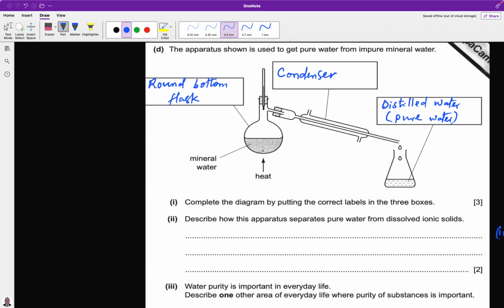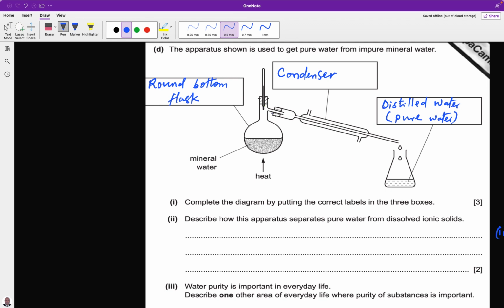When the mineral water is being heated, liquid water will be converted to what? To steam. Water boils at 100 degrees Celsius, and is converted to water vapor or steam.